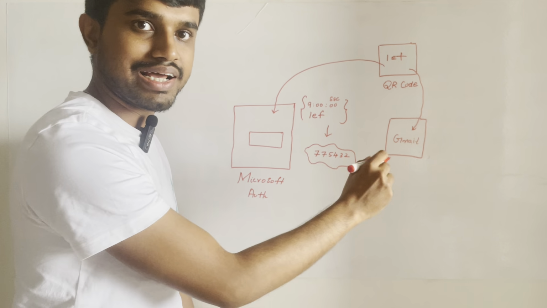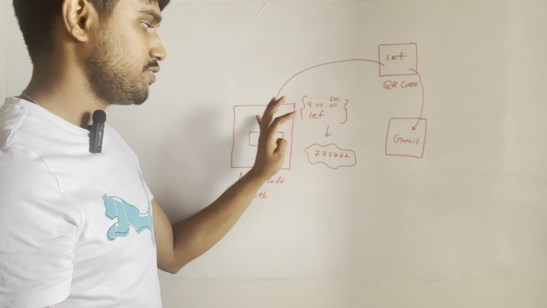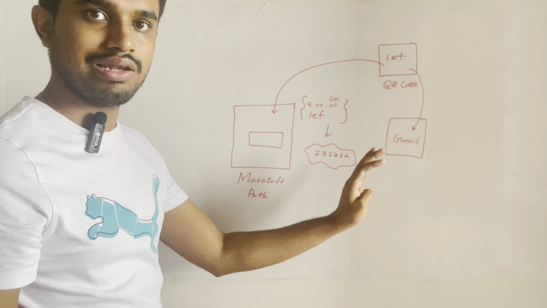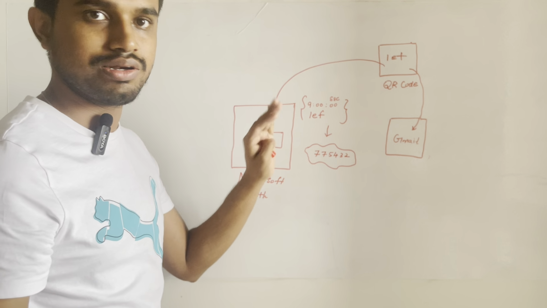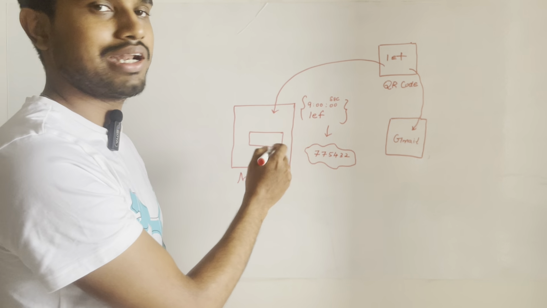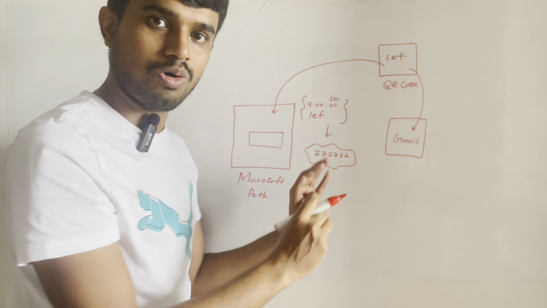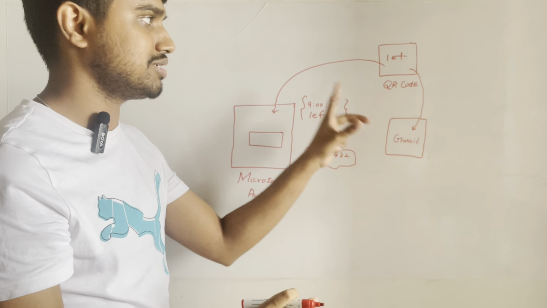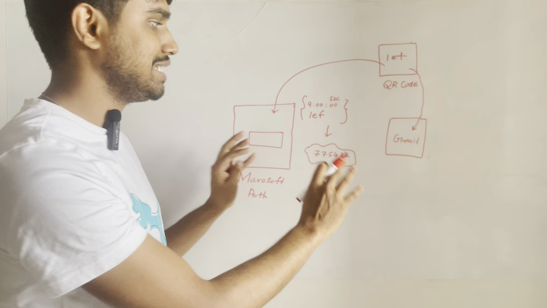So there are no interactions at all. Even if your phone is offline and you are using Gmail via your laptop, and even if your phone doesn't have internet, it will keep on generating those 6 numbers, and Gmail will always know what 6 numbers you will generate. So only the first time a secret is transferred, and after that they have their own way to authenticate this.